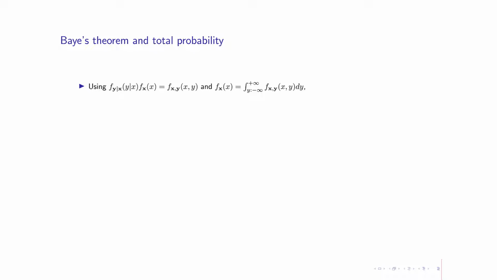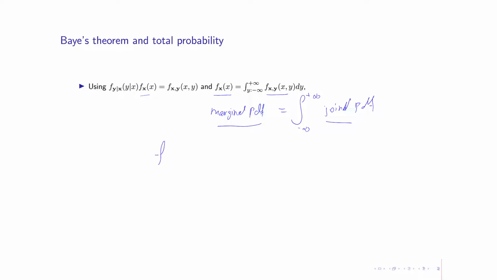the total probability theorem. Obviously, we know that the marginal PDF is obtained from the joint PDF. So the marginal PDF is always equal to the integral from minus infinity to plus infinity of the joint PDF. So if you have the joint PDF, you get the marginal PDF, and then you can divide by it to get f y of x.